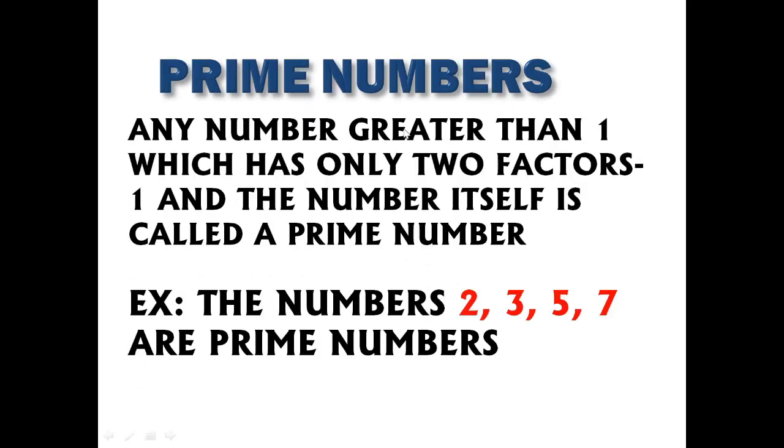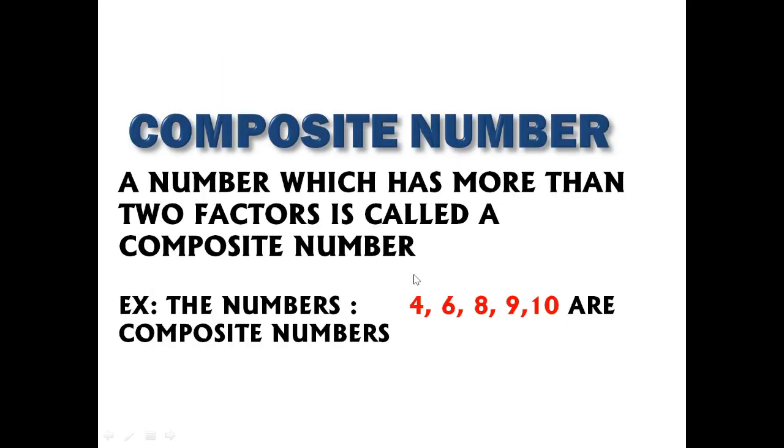Prime numbers are numbers greater than 1 which have only two factors, 1 and the number itself. For example, 2, 3, 5, 7 are prime numbers because these numbers have only two factors, 1 and the number itself.